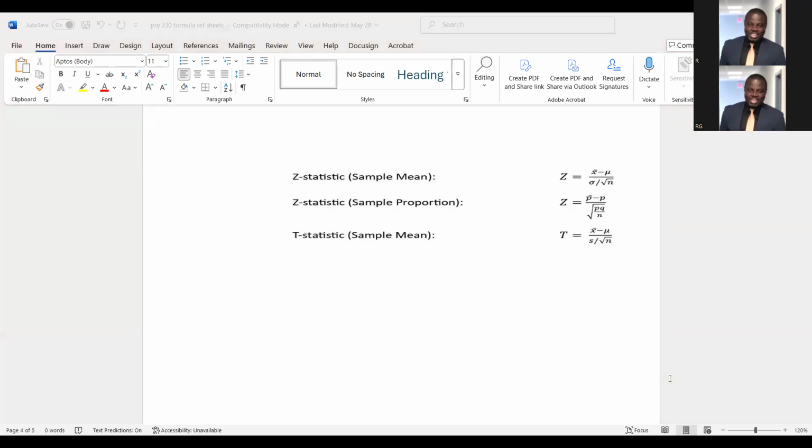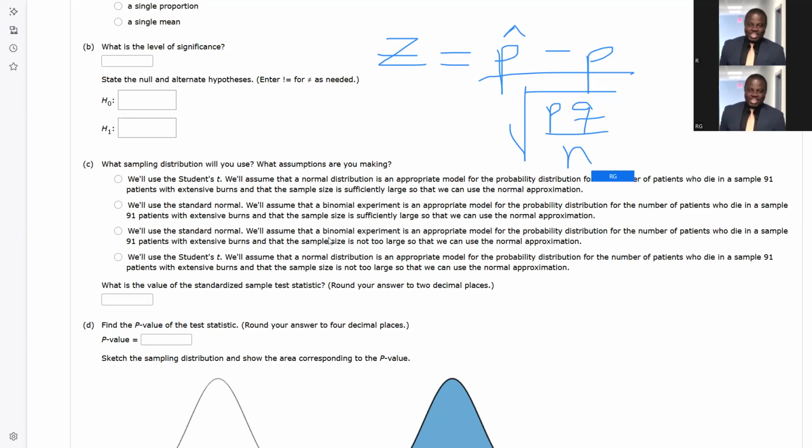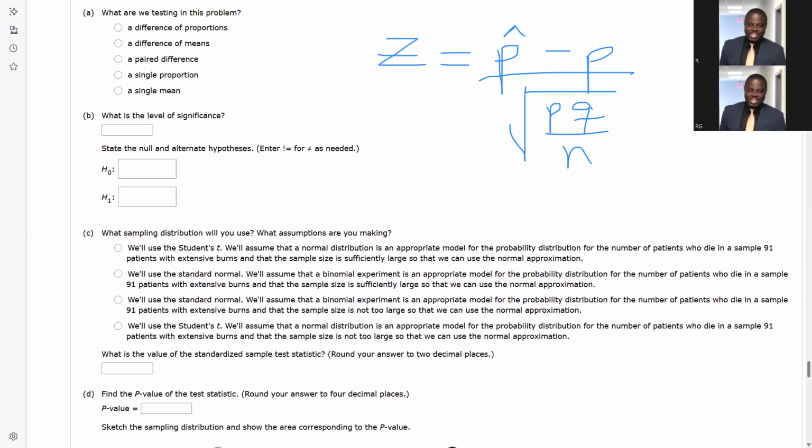So we're going to go back to our problem. And then we are going to use the formula Z equals, or our test statistic equals P hat, that's the estimated P, minus P, and it's the same formula I just showed you, minus P, and P is 60%, over the square root of PQ over N. Now, my P hat, I'm going to get that from my problem.